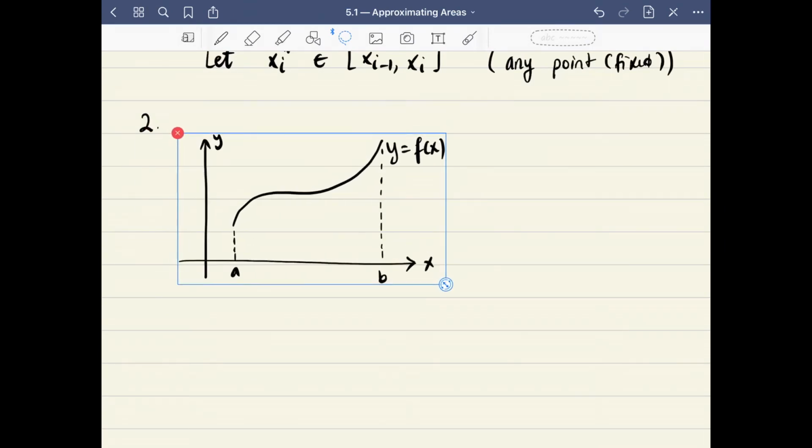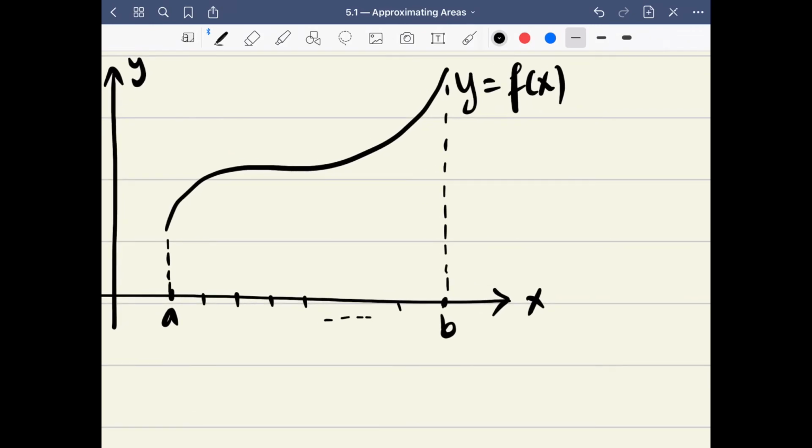Okay, so now we have x1, x2, x3, x4, and so on. We're going to construct a rectangle somewhere here. So let's pick this one. Say this is xi minus 1, and this is xi.